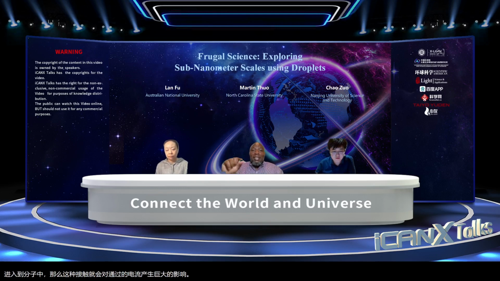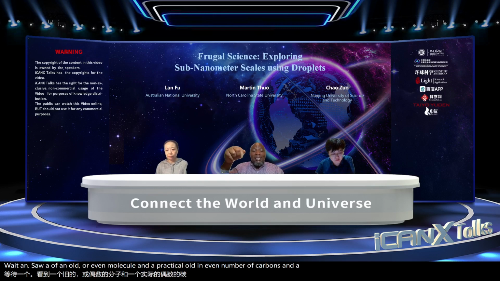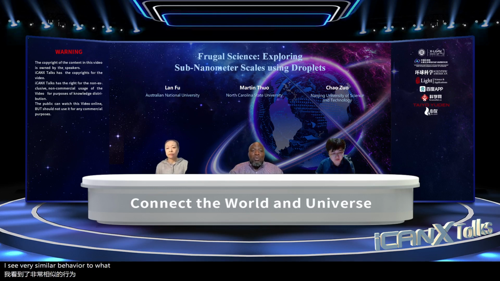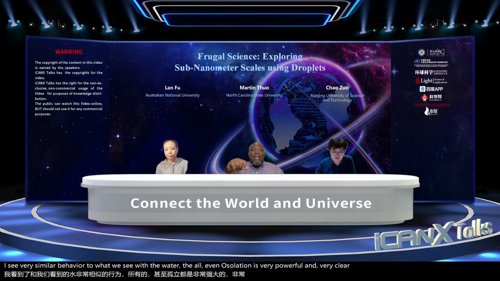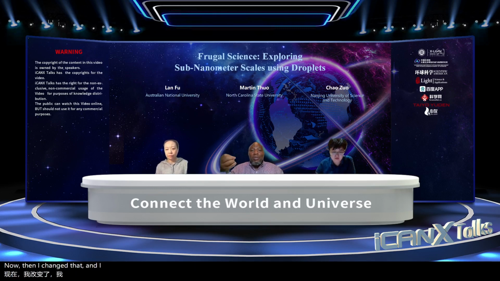And so if I have an odd or even number of carbons in the molecule and I apply current, I see very similar behavior to what we see with the water. The odd-even oscillation is very powerful and very clear. Now, I change that and put in something that is not just a simple tilt like this.